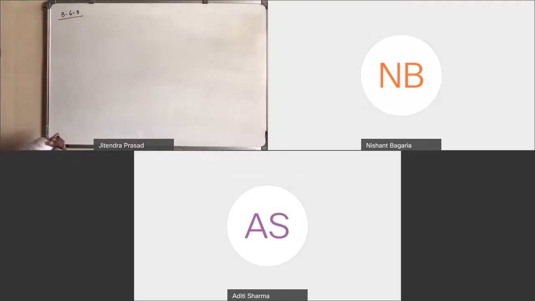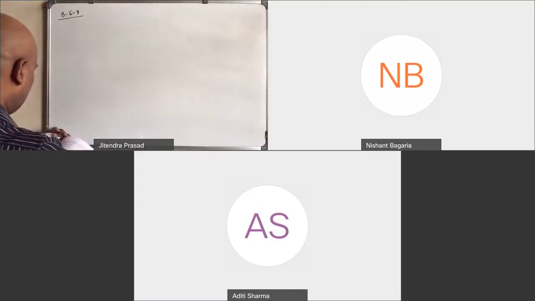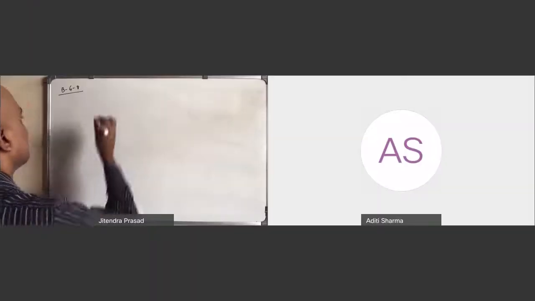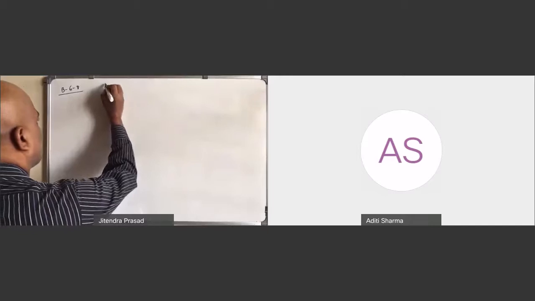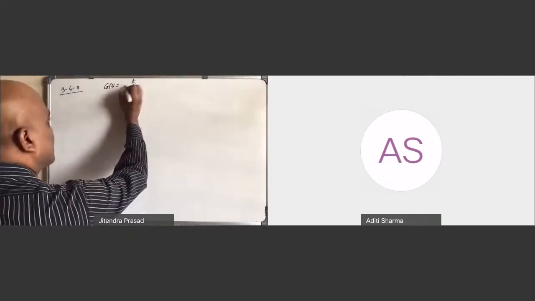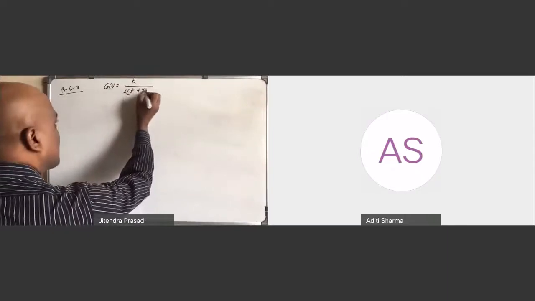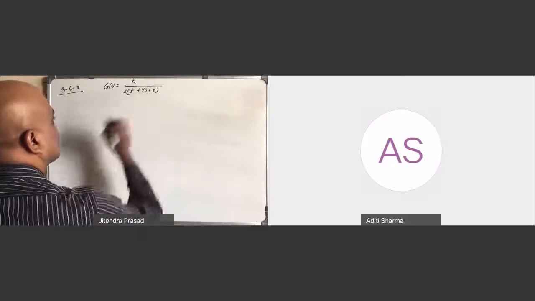Okay. And here we consider a unity feedback control system with the following feed forward transfer function. G of s is equal to k divided by s square plus 4s plus 8, right?